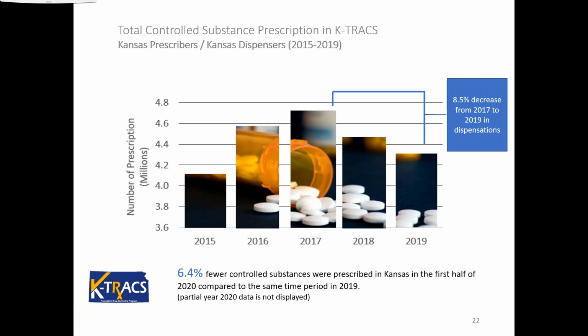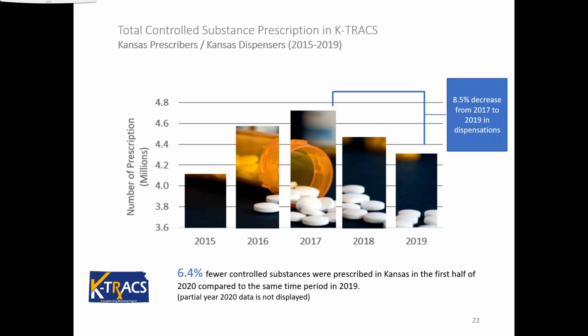And you can see over time that we've had an 8.5% decrease from 2017 to 2019 in total dispensations. And for the current first half of 2020 compared to the same time period for 2019, we've had a 6.4% fewer controlled substances prescribed in Kansas. We can't really say that this is attributed to KTRAX or prevention efforts or education that has been done by the Centers for Disease Control or other federal agencies towards prescribers or dispensers.